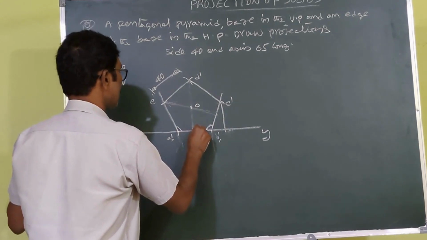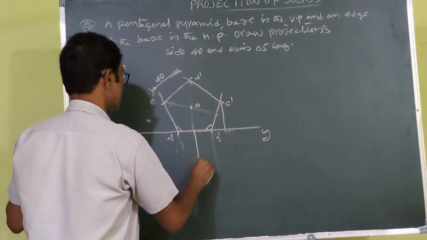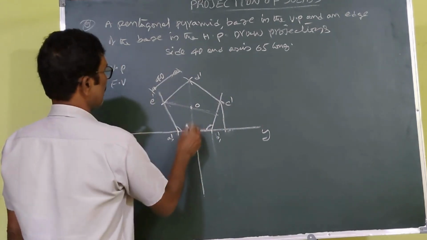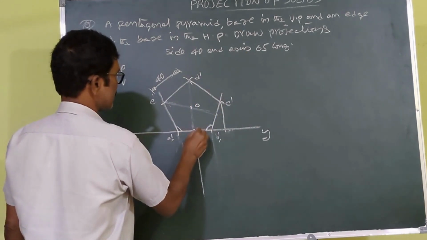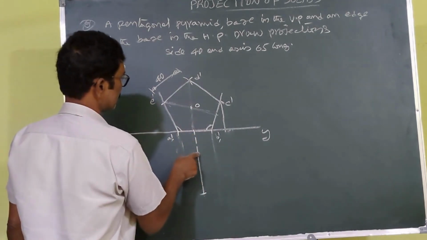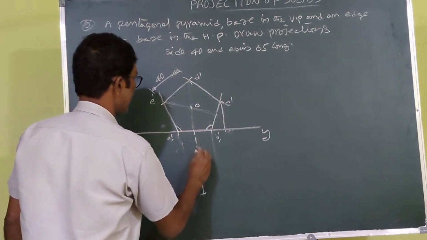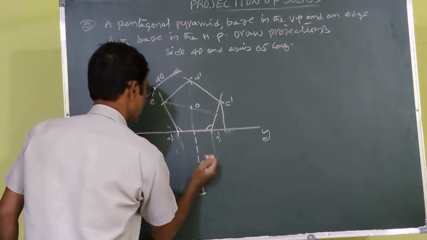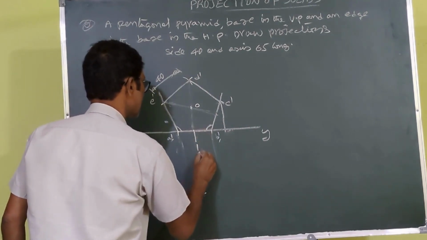From here you draw the axis, length equal to 65. From this center, you cut this 65. This is the axis, shown like this.